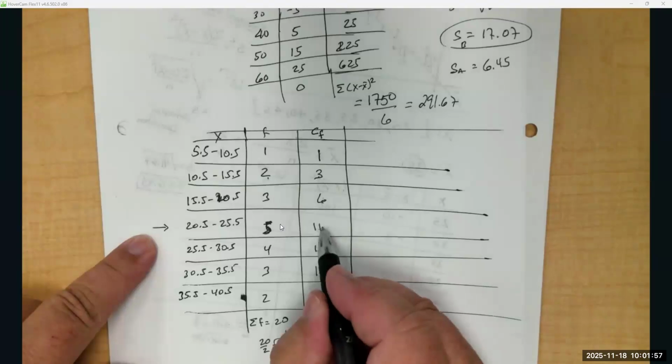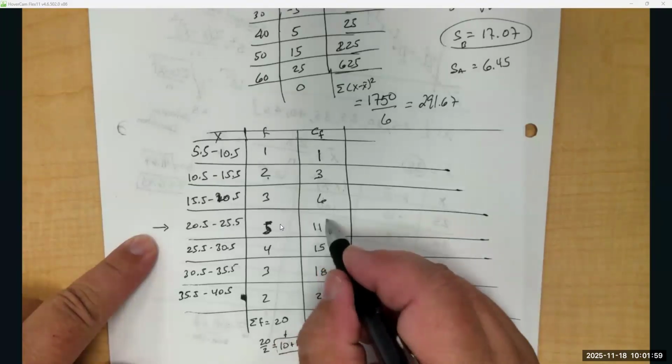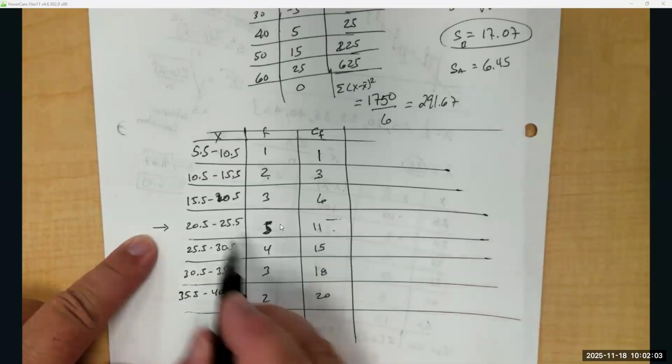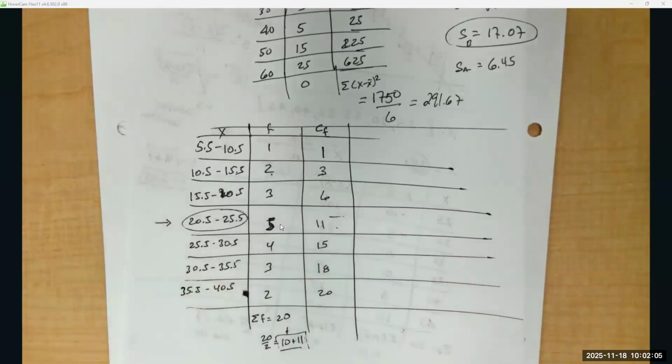Right, because the 10th one is here somewhere, and the 11th one is also in this one. So this is your median class. Because when we deal with grouped data, it does change.